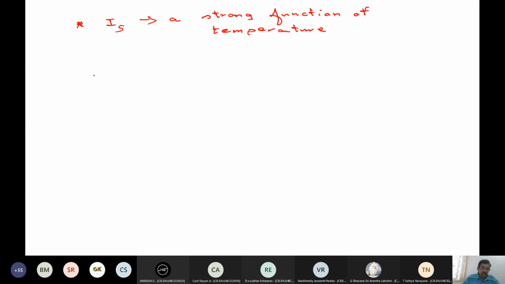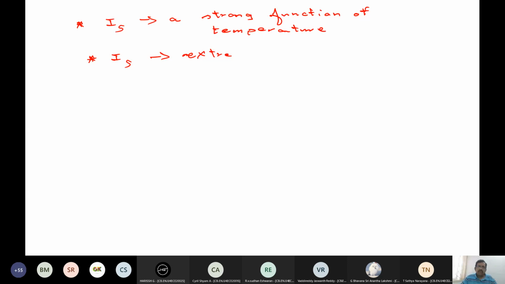Okay, and we will show later that IS is actually almost a constant. It is extremely small. It is not like the majority carrier, because the carrier concentration, we already saw in the morning itself, when it is majority carrier, it is of the order of 10 power 16, 10 power 15. But when we talk about the minority carriers, it is of the order of 10 power 3, 10 power 4, depending on the doping levels.